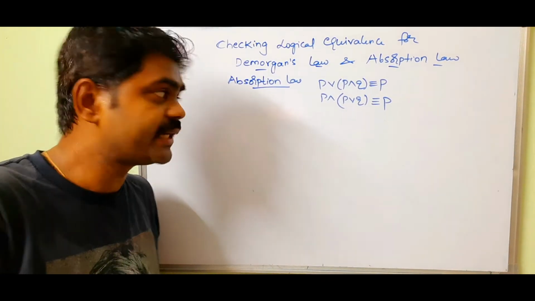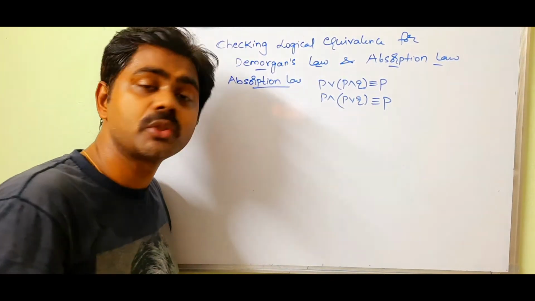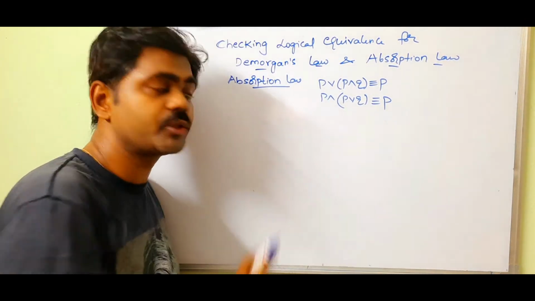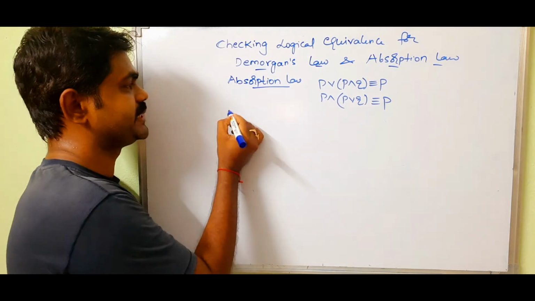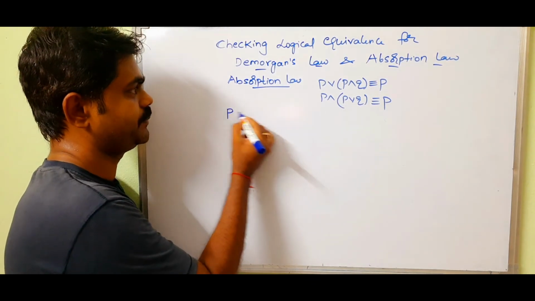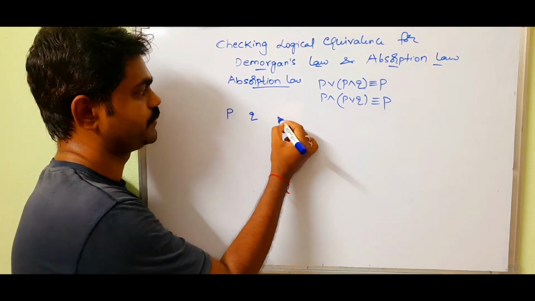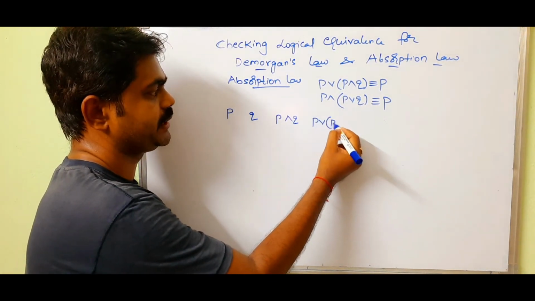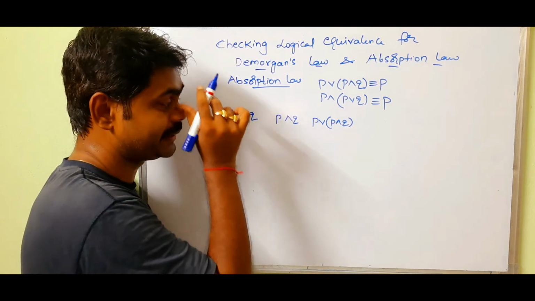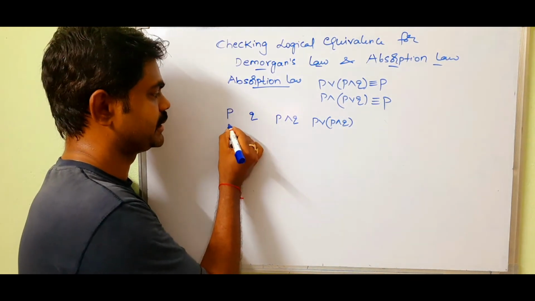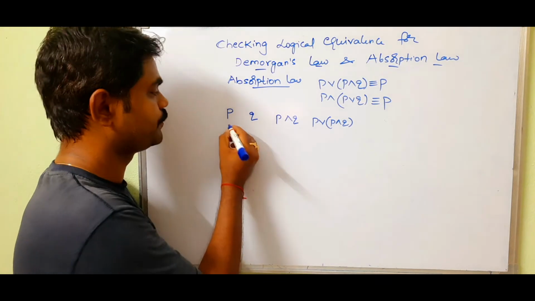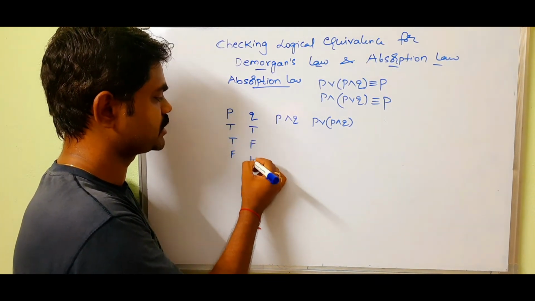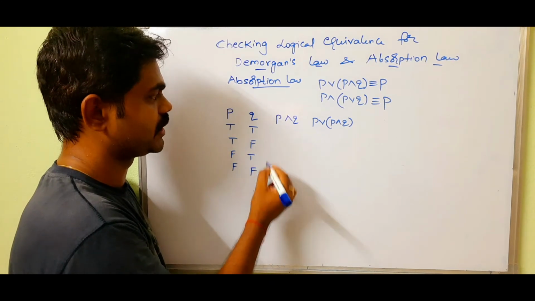Now we will see the absorption law. What is the absorption law? P or (P and Q) is logically equivalent to P. The dual of that is P and (P or Q) equals P. So we'll check here. The columns are P, Q, P and Q, P or (P and Q). P and Q are true, true, false, false and true, false, true, false. What is P and Q?